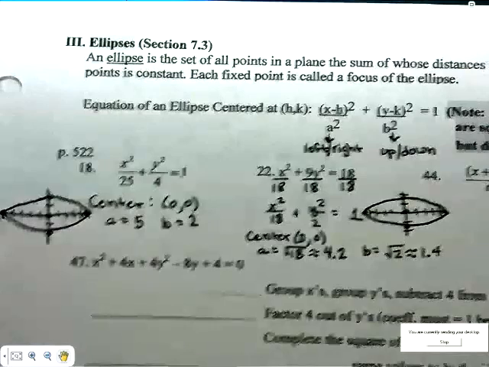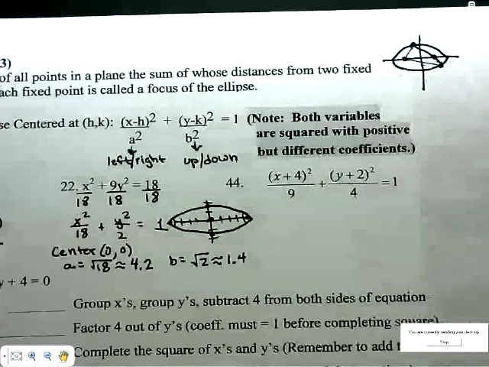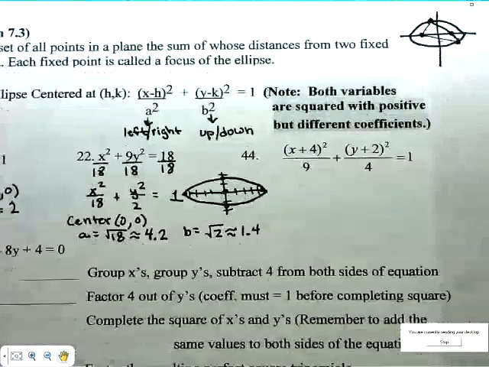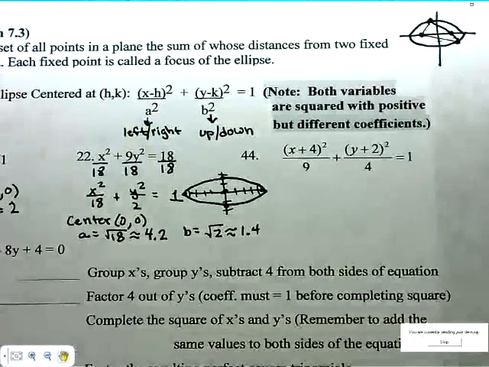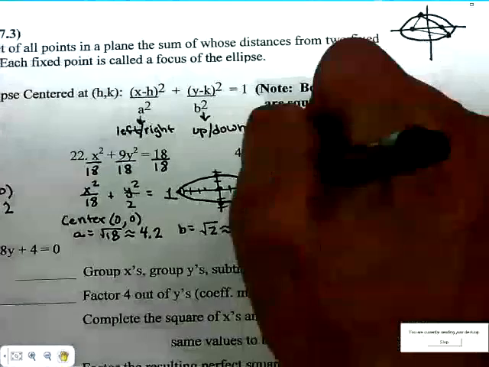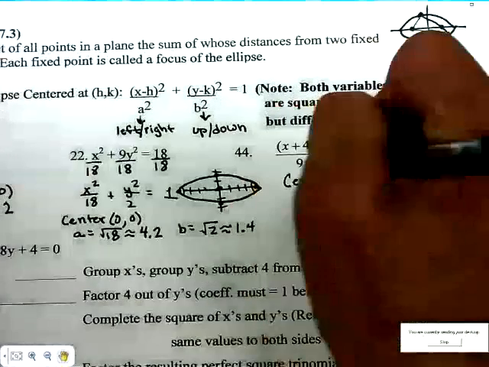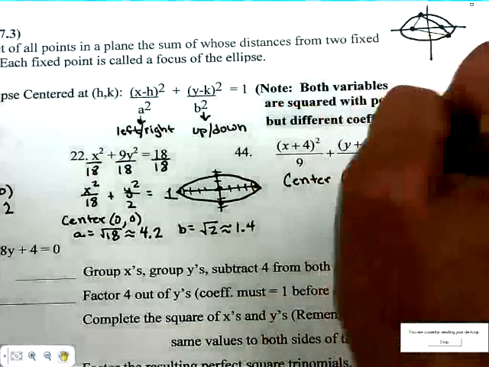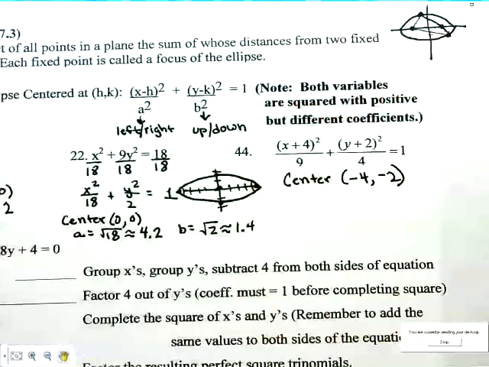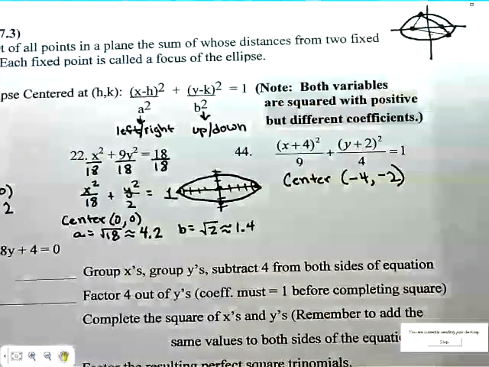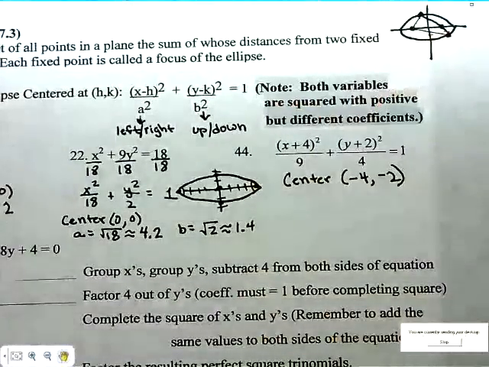What's different about 44? Yeah, its center is not at the origin. What is the center of this ellipse? Good. You took the opposite of both guys in parentheses like we always have. That ellipse is shifted to the left 4 and down 2. What is A?